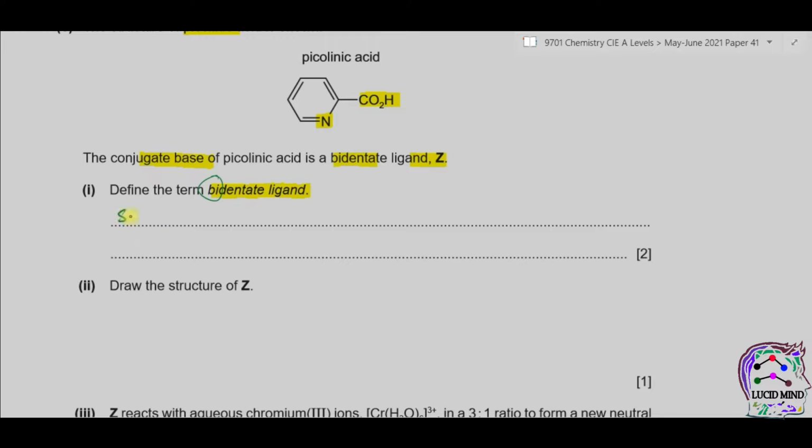So we can write the answer: species that donates two lone pairs to form two dative bonds with central metal or ion.